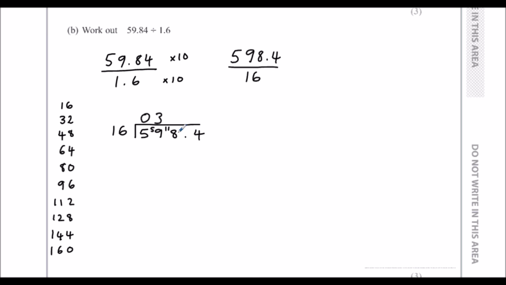So that's 118 now. How many times does 16 go into 118? 1, 2, 3, 4, 5, 6, 7 times, which is 112. So 6 left over. And how many 16s go into 64? That's 4. So we've got 37.4.